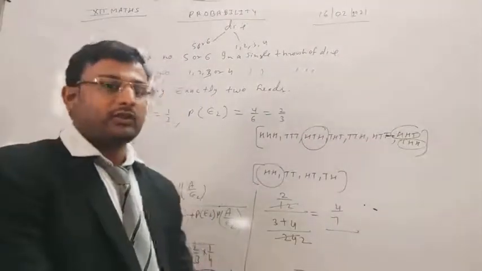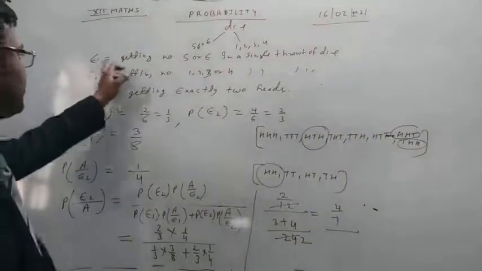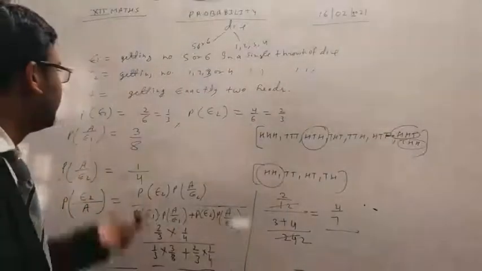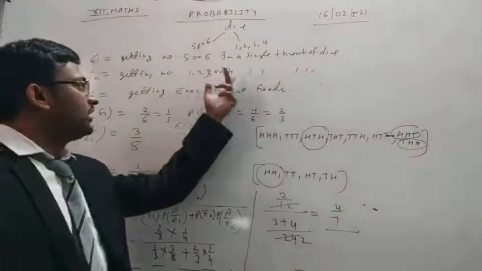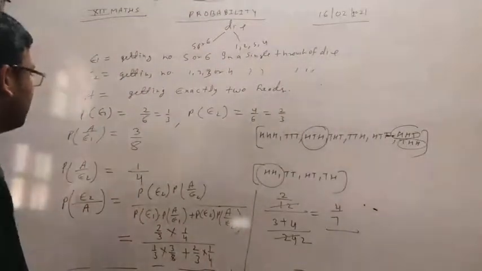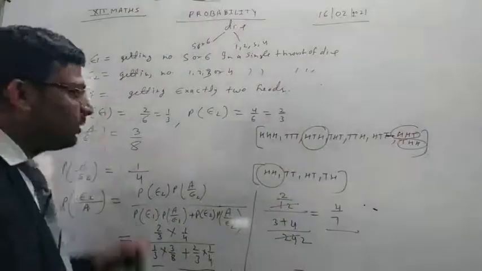Okay students, so we have supposed that the first event E1 is getting number 5 or 6 in a single throw of a die, and the second event E2 is getting a number 1, 2, 3 or 4 in a single throw of a die. Our common event A is getting exactly 2 heads.